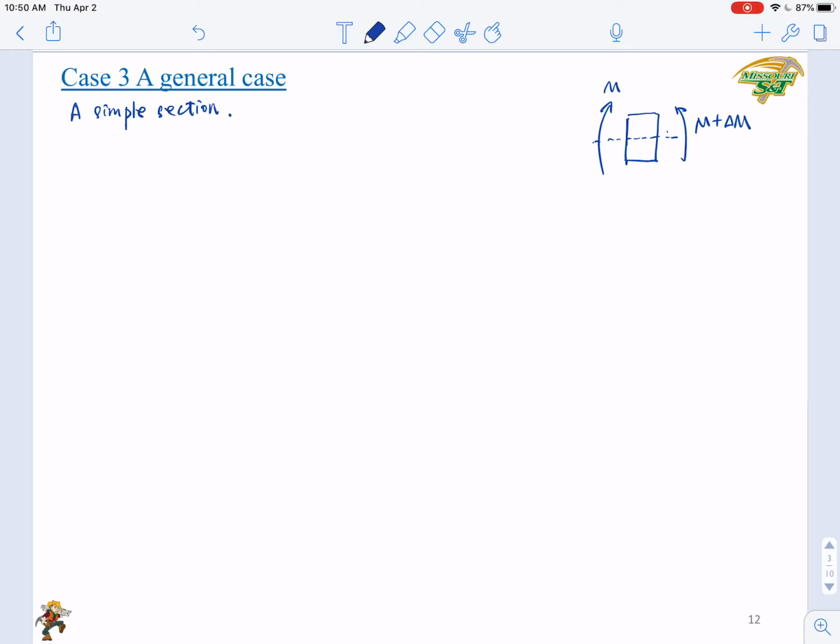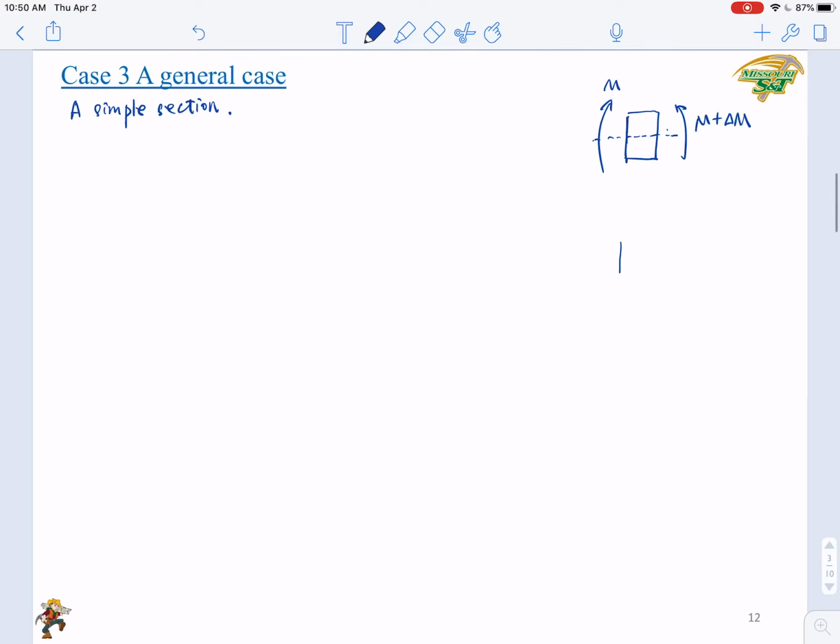And the cross section of this beam section is a rectangle. And this is the centroid, easy to find, right? And the neutral axis is going through this centroid.